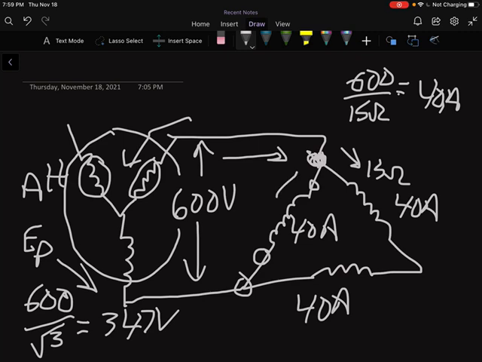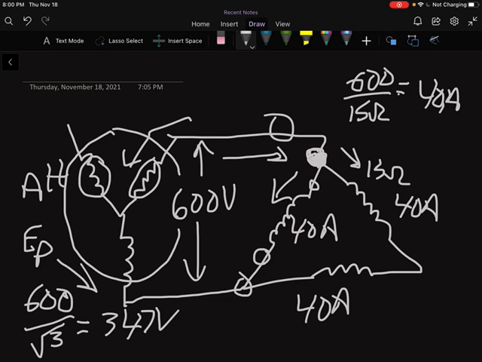One goes one way, one goes the other way. So if the current is splitting when it comes into the load, it means that the line here has to be larger if all the phases of the load see 40 amps.